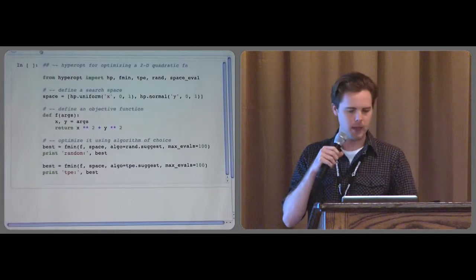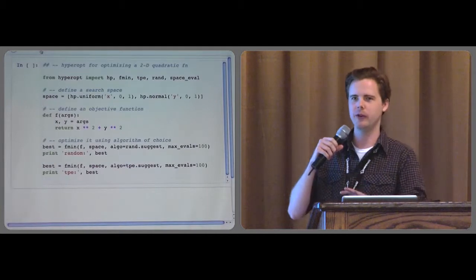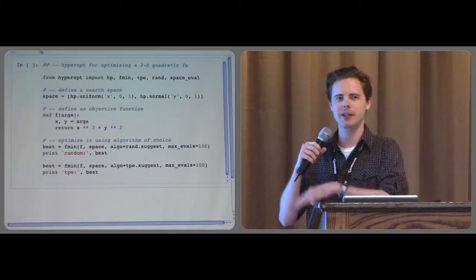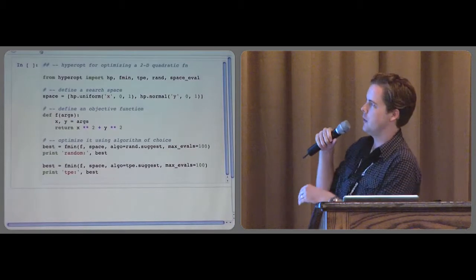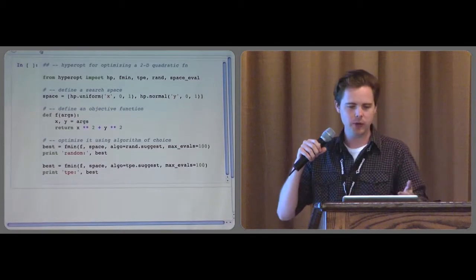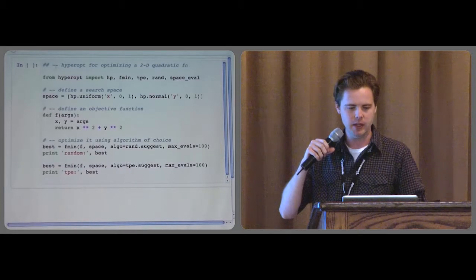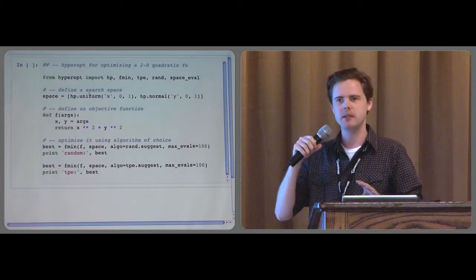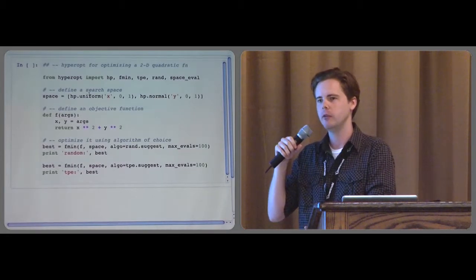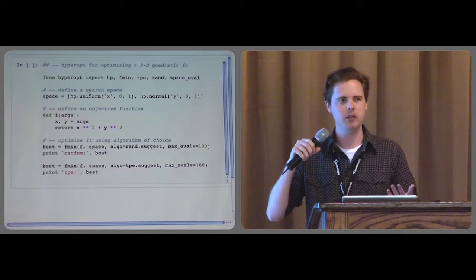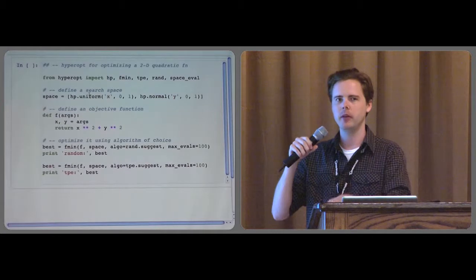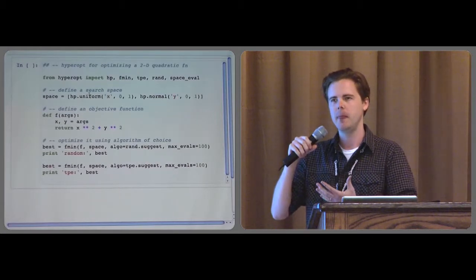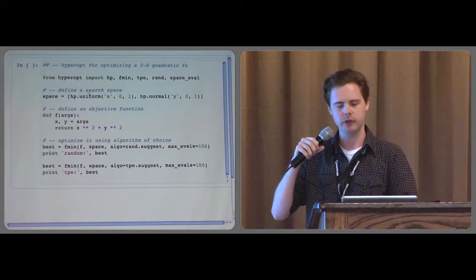I'm going to show two pieces of code here. The first one's easier to understand, and the second one has to do with machine learning. So this is using Hyperopt in one slide. You import some stuff at the top. Then you define a search space, not in terms of bounds or a number of dimensions. A search space for hyperparameters is a random process that samples valid configurations.